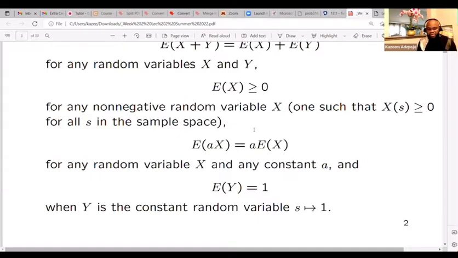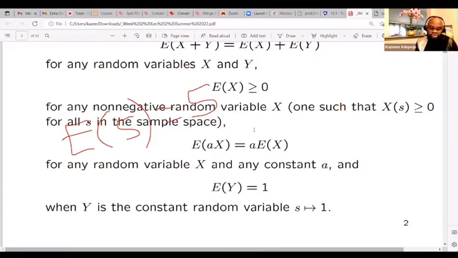For any random variable X and any constant A, the expected value of Y equals 1, when Y is a constant random variable, where you're doing this mapping. We can also have a constant function. For instance, expected value of 5 is basically 5, because the expectation of a constant is a constant.